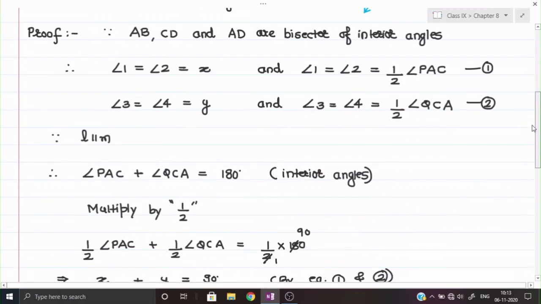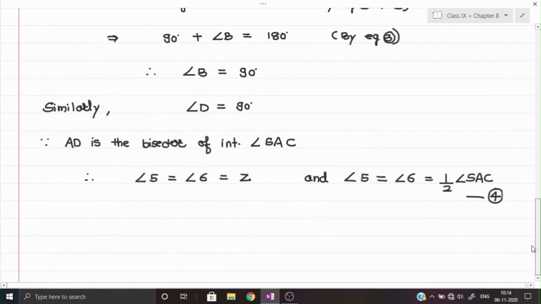So here we shall write down further: angle 1 plus angle 2 plus angle 5 plus angle 6 will be equal to 180 degree. Reason can be given here as linear pair.